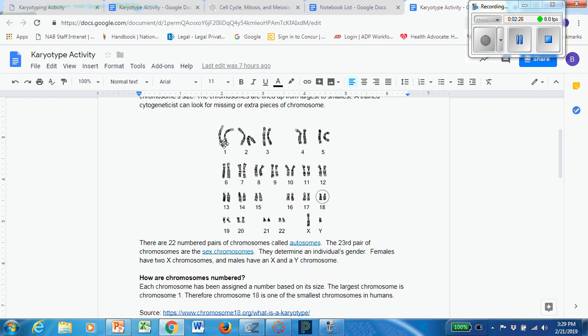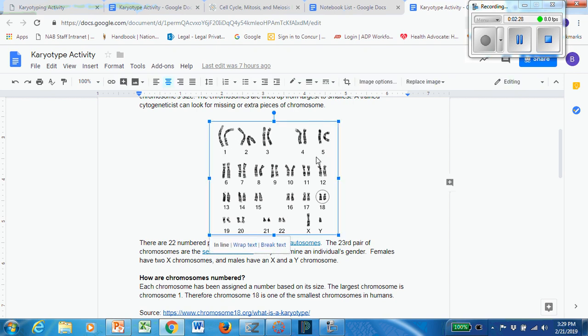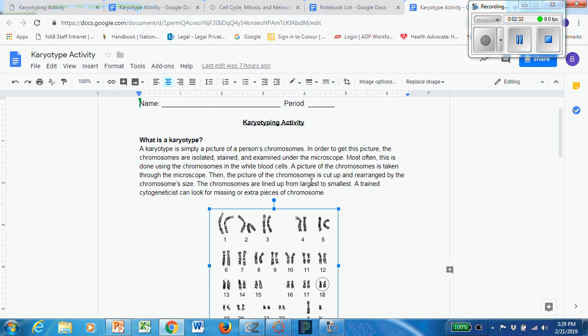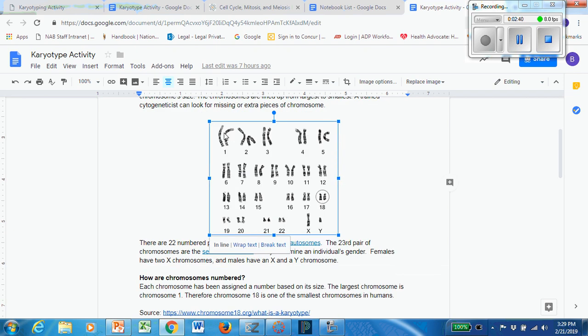You see that chromosomes occur in pairs, and you can look at the background information on how cytogeneticists extract the DNA and put the chromosomes together. They're called homologous pairs because you have the same genes located in the same spot with these pairs. The reason they're in pairs is because you have two parents.